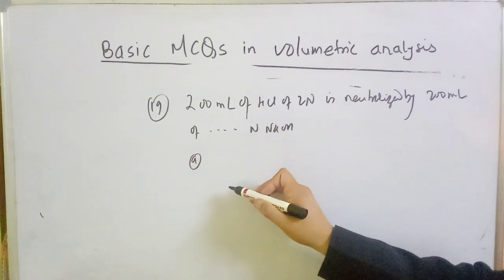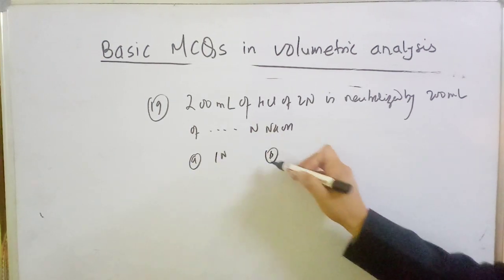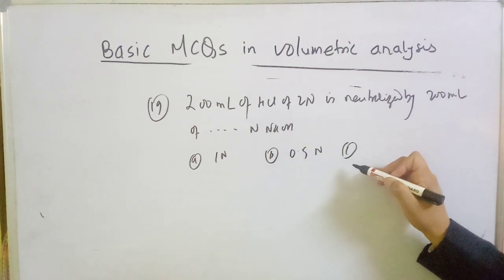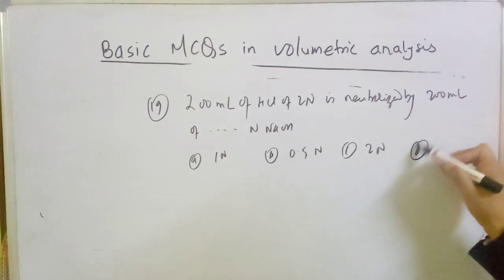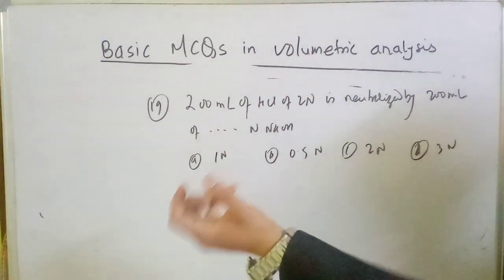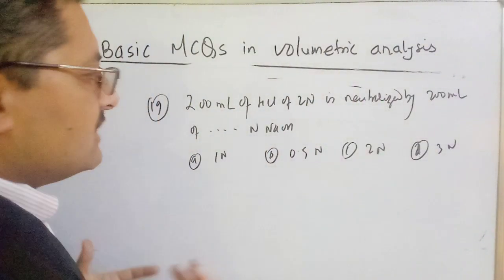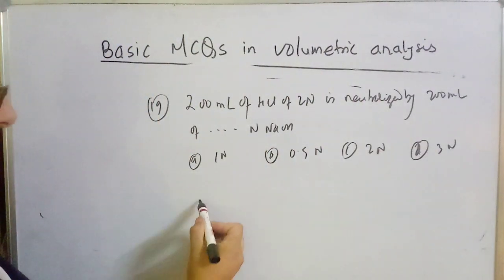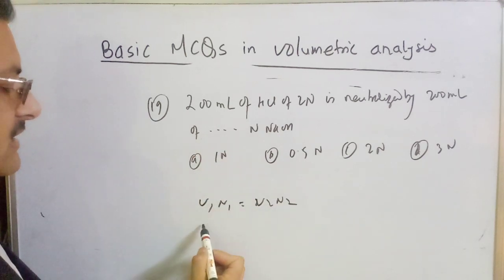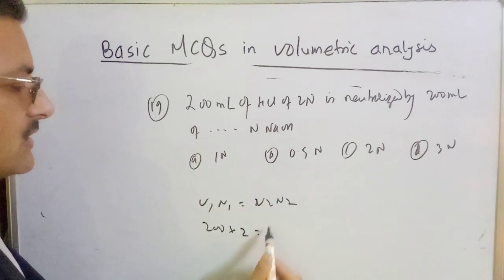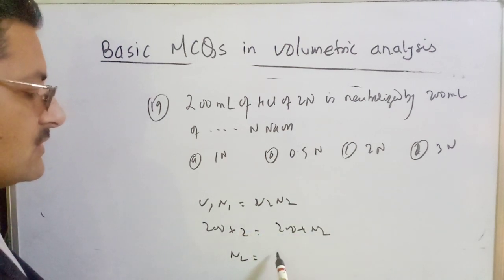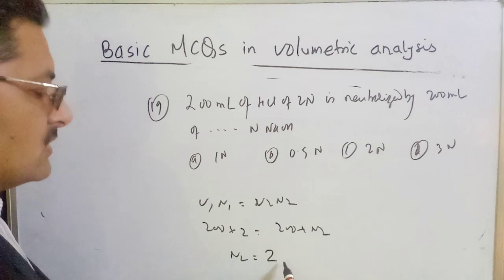Option A is 1 normal, option B is 0.5 normal, option C is 2 normal, and option D is 3 normal. So you can easily find it by the normality equation, V1N1 equals to V2N2. So you have V1 200 ml and N1 equals to 2, and V2 you have 200 again, and N2 equals to what? Therefore N2 equals to 2 normal.